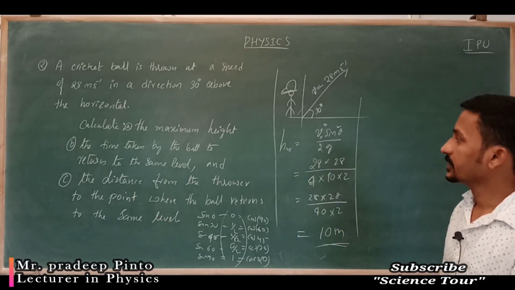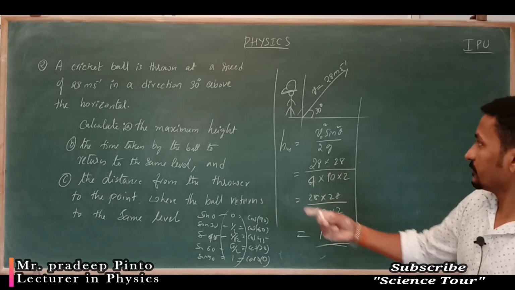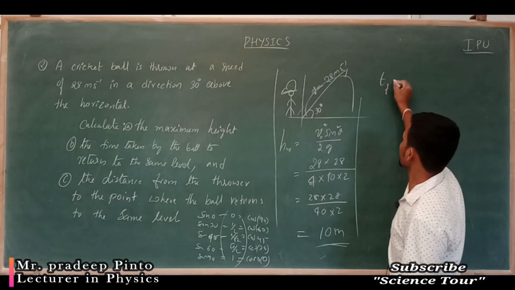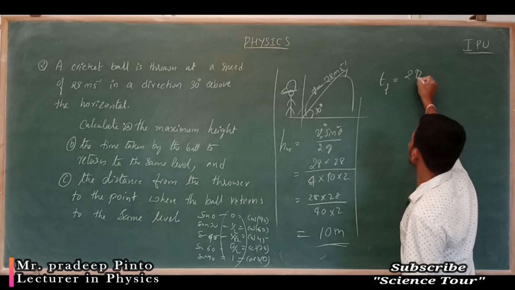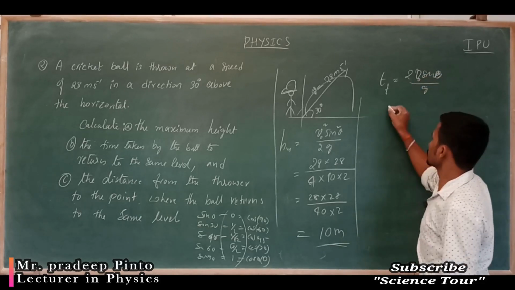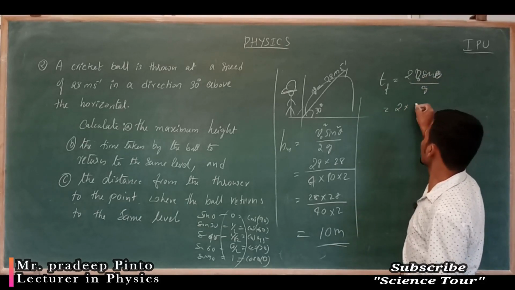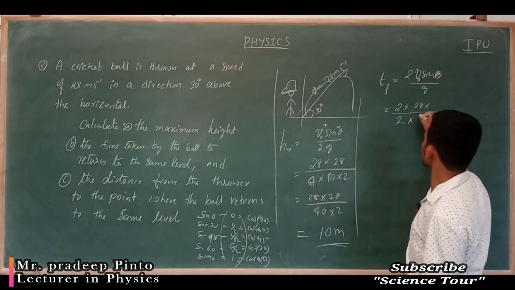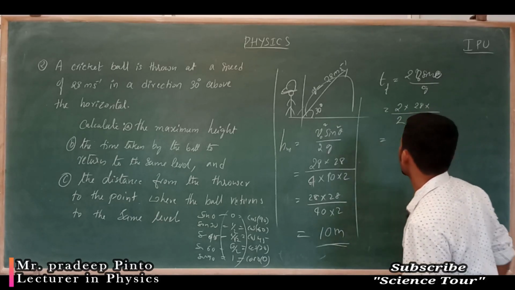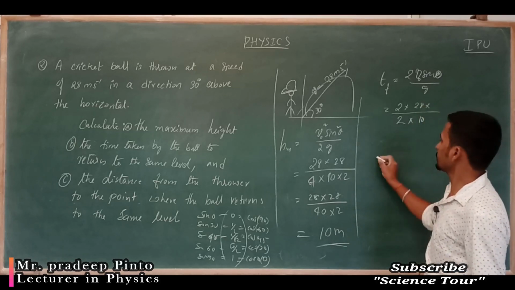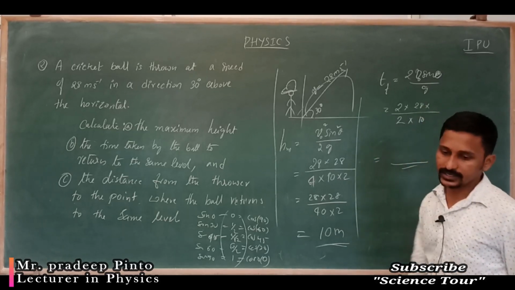Next, the time taken by the ball to return to the same level, that is the time of flight, that is nothing but 2 times V naught sin theta divided by G. So 2 into V naught means 28, sin theta means half, into 10. You have to multiply and get the answer.